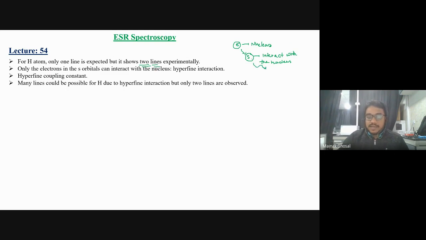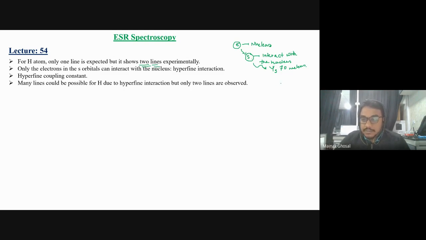Because for the s orbital the wave function psi of s is not equal to 0 at the nucleus. If you see the structure, s is spherically symmetric, so at the very origin s has a significant value, but for p or d there is a node there, so the wave function is 0. So that's why electrons present in the s orbital actually interact with the nucleus.